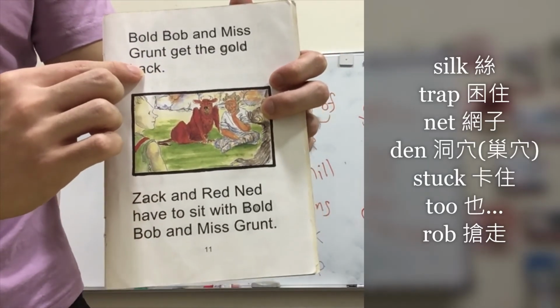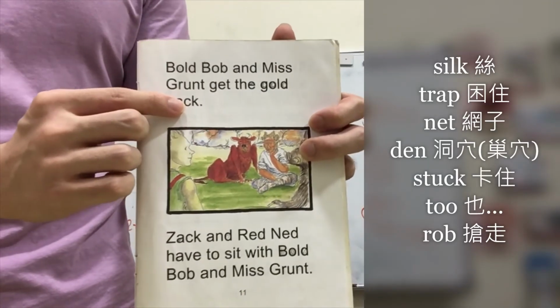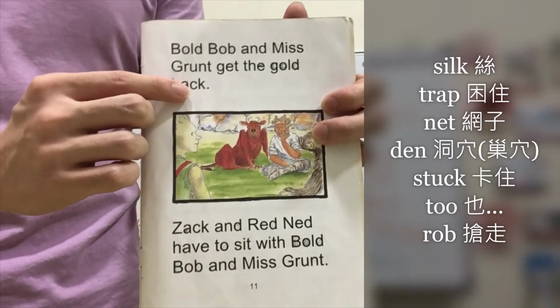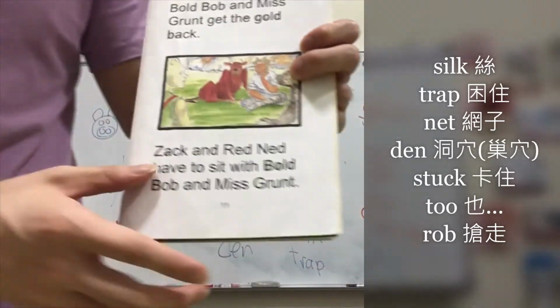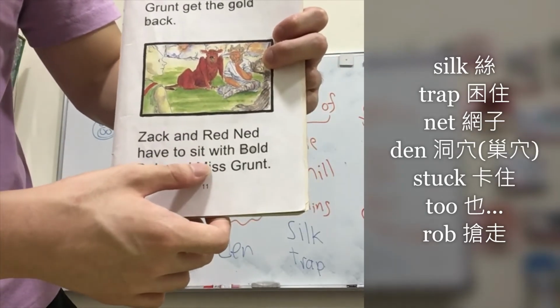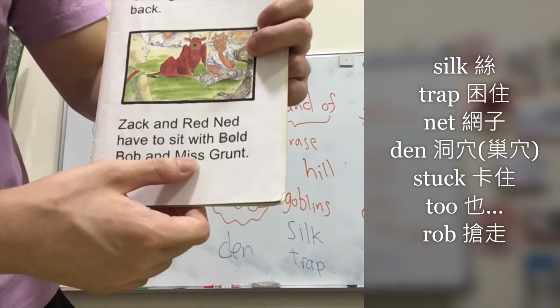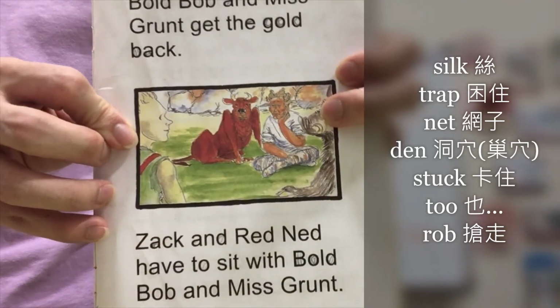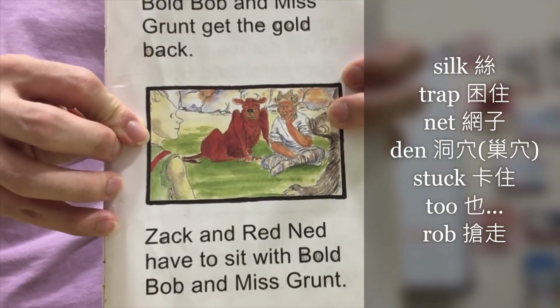Remember just now the goblins went to steal the gold? So now they got the gold back. Zack and the Red Ned have to sit with Bold Bob and Miss Grunt.